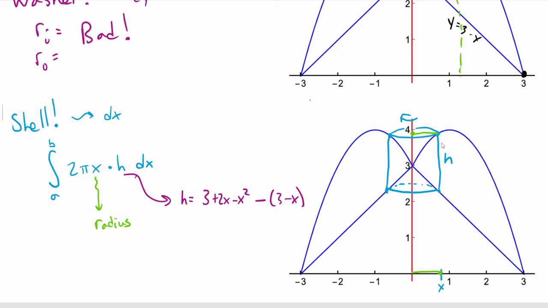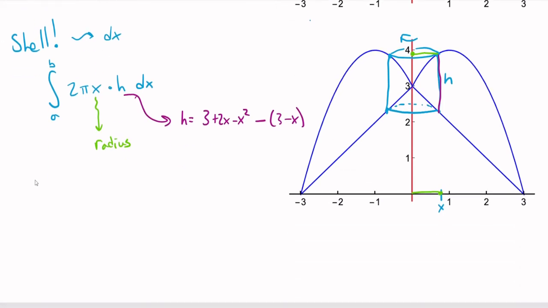So the height, again, it's this height right here. It's the full distance from 0 up to this parabola minus the distance from 0 to this line. I have to subtract the two so I can get just the in-between. So our bounds here, our a and b, are going to be 0 to 3. We had already figured that out. That's the x values we want.